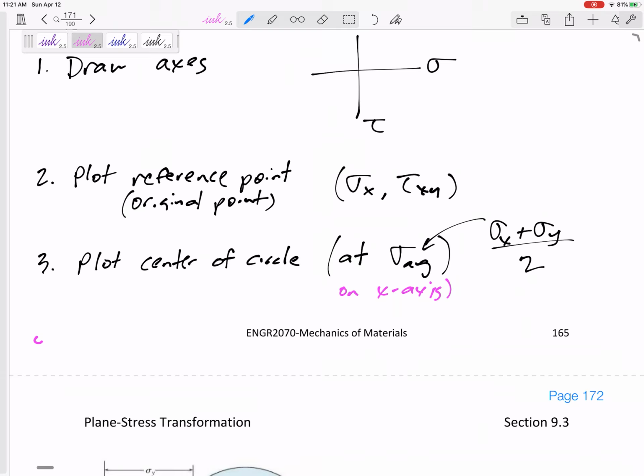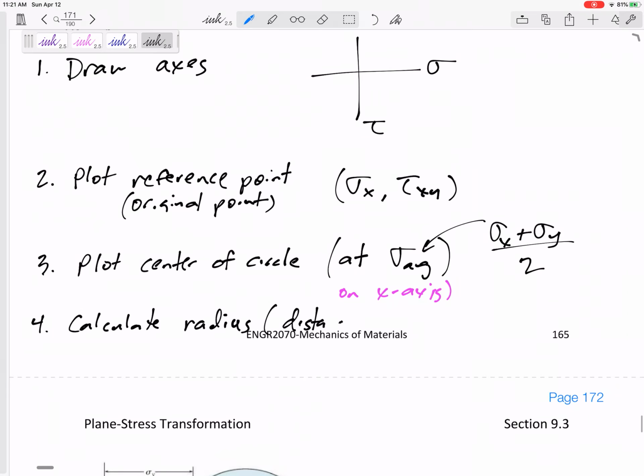So step 4, calculate the distance, or calculate the radius, which is the distance between those 2 points, between the reference point and the center of your circle.